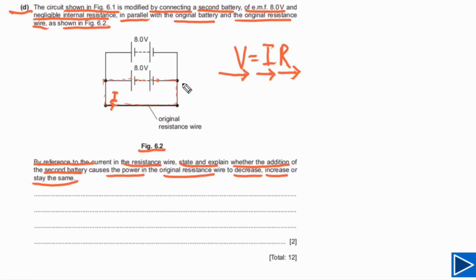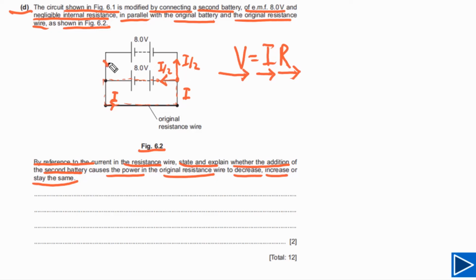Now let's understand a little bit more about that. The current in this wire is the same, but the current coming from this battery will be I by 2. At this junction, current I will split into two parts, and the current entering the second battery also will be equal to I by 2.